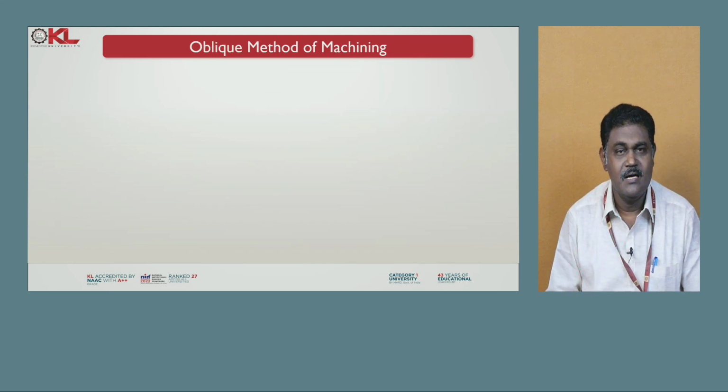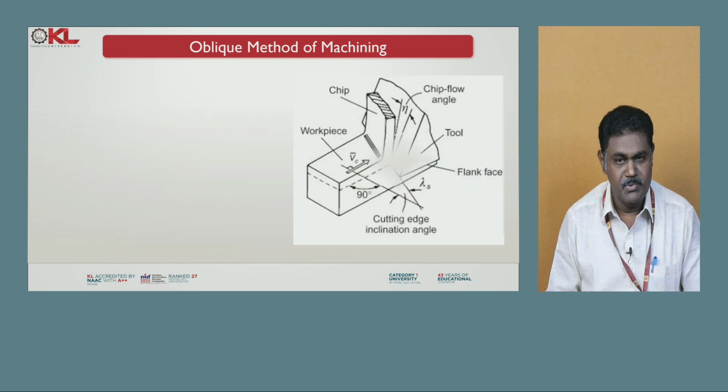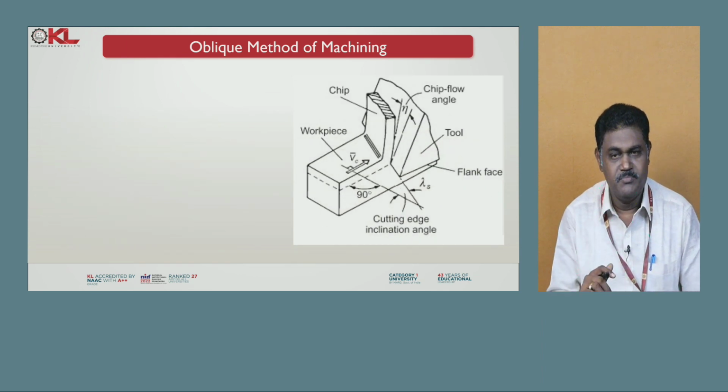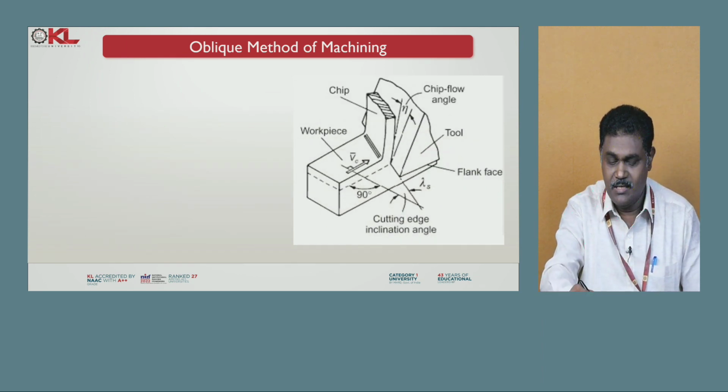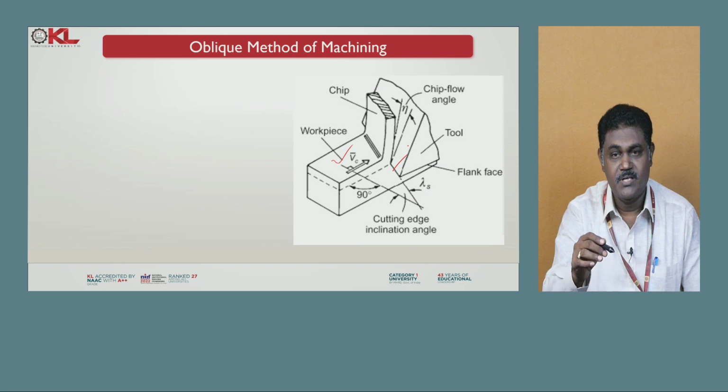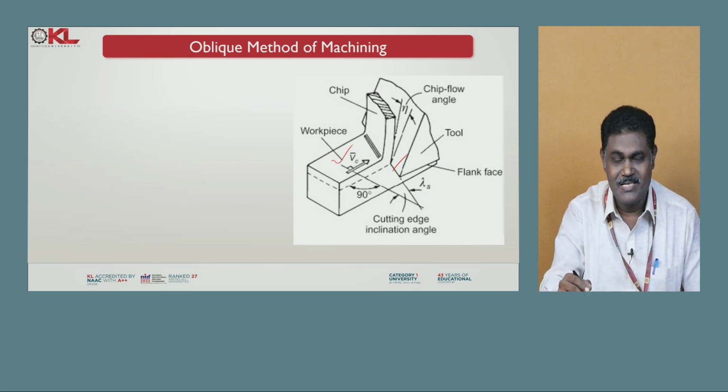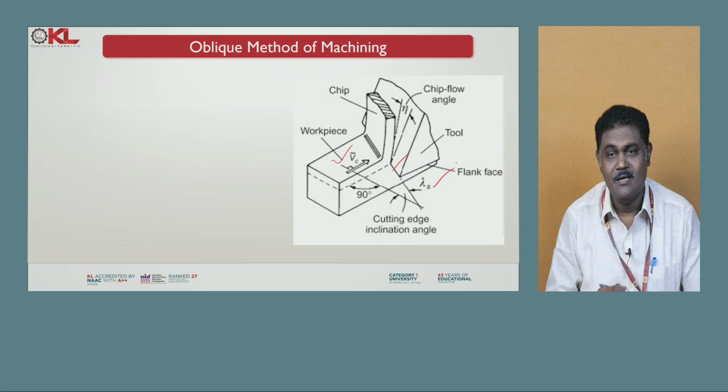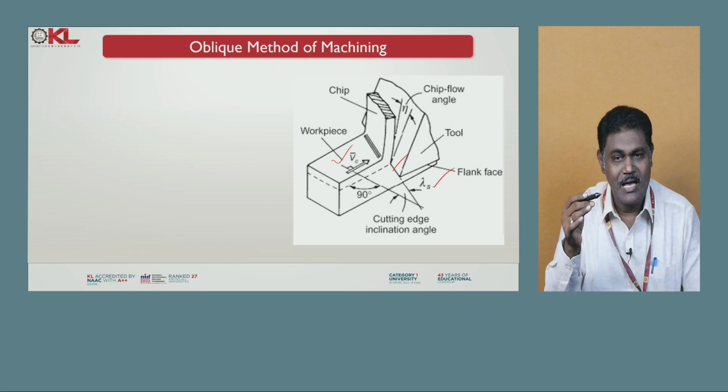Next we will see the oblique method of machining. Now you can clearly observe here the direction of this velocity vector and this edge of the tool. These two have some inclination, and that inclination is lambda s. Earlier you have seen these two at a 90 degree angle, in the orthogonal method of machining.